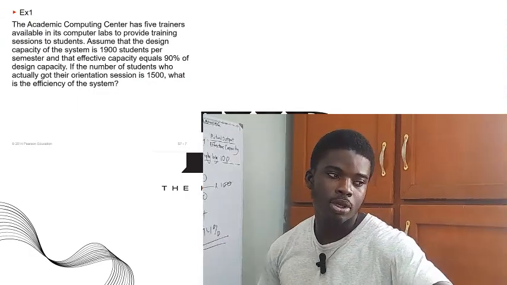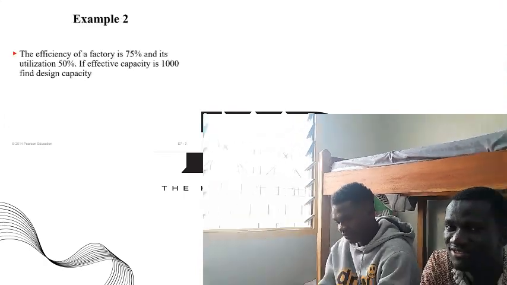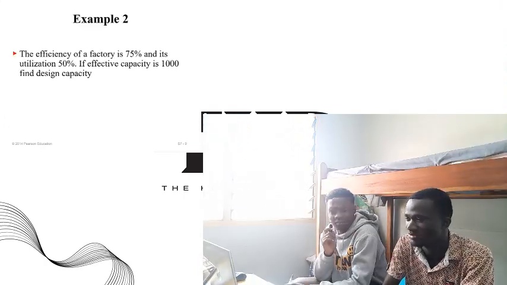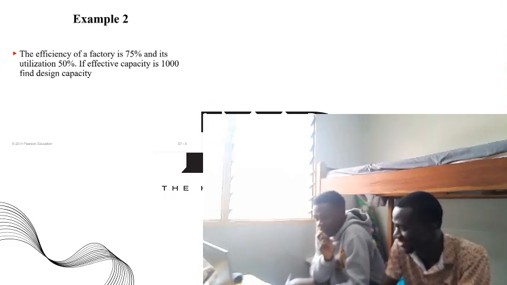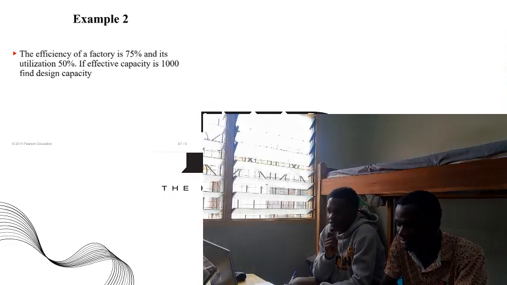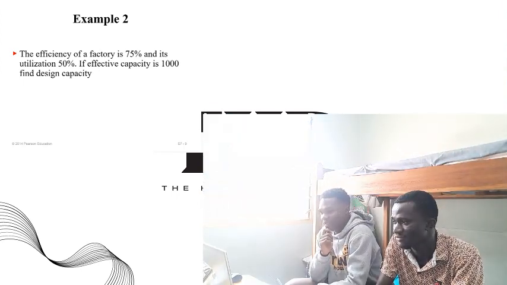So, example 2. The efficiency of a factory is 75%, and its utilization is 50%.